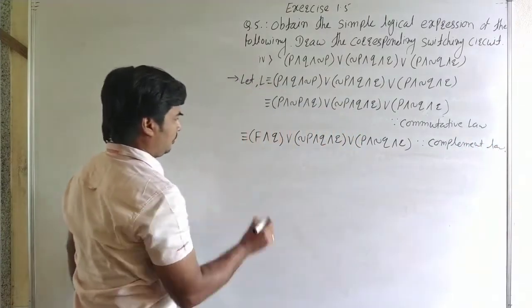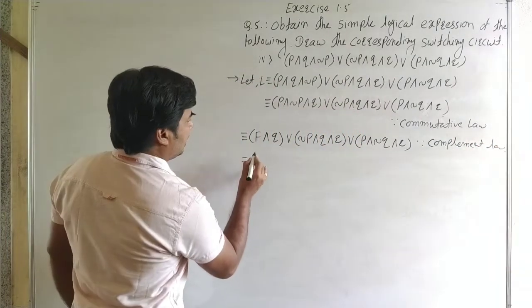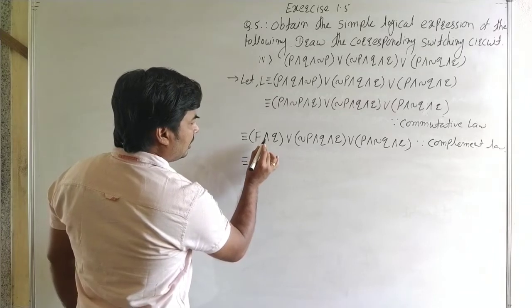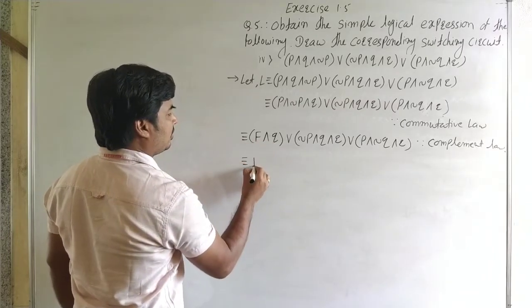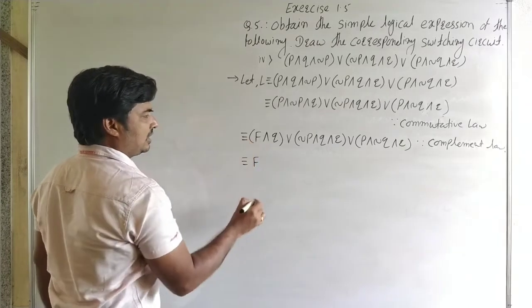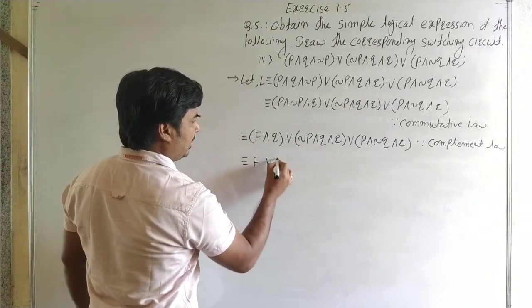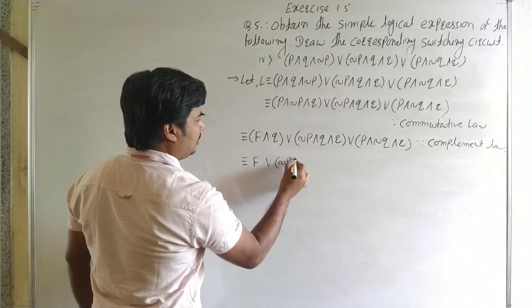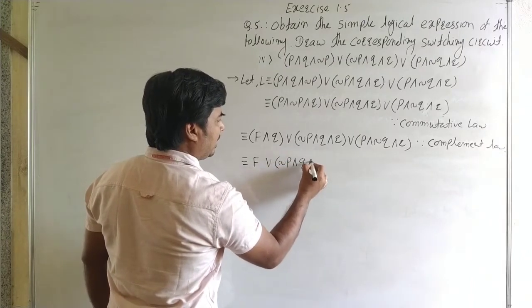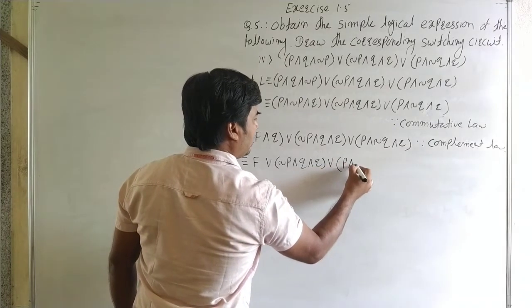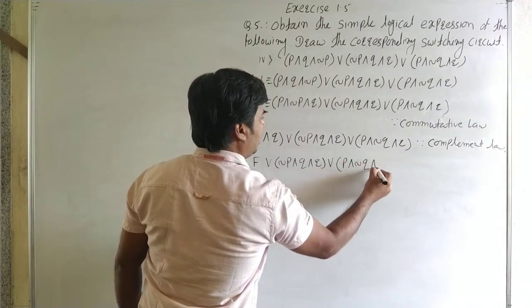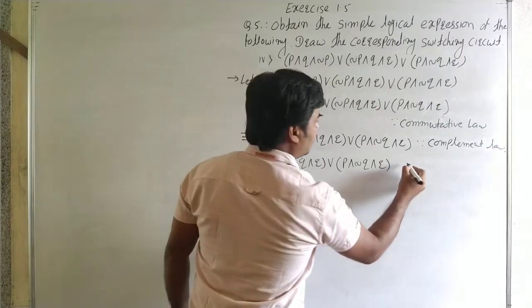Now statement and contradiction, it is a contradiction. Statement and false, it is false. Or last two brackets as it is, negation P and Q and R, or P and negation Q and R. It is identity law.